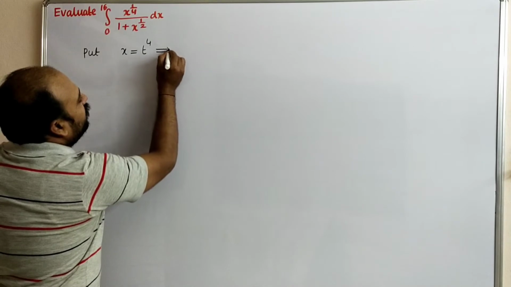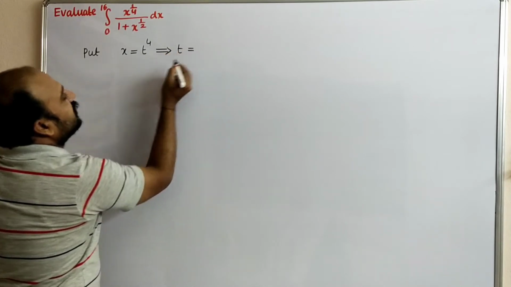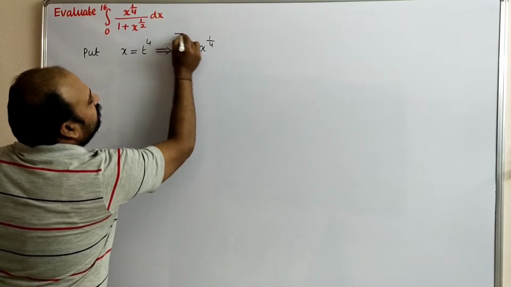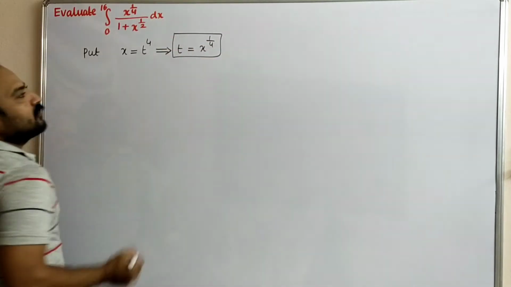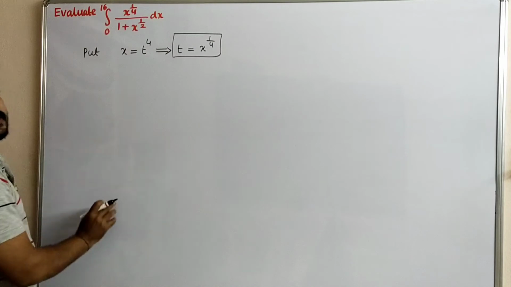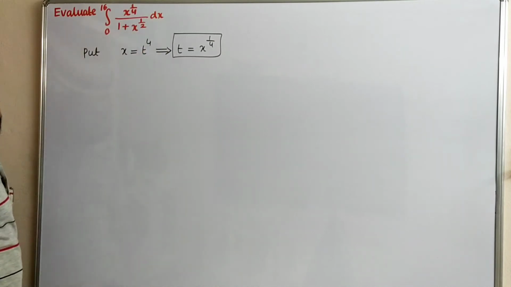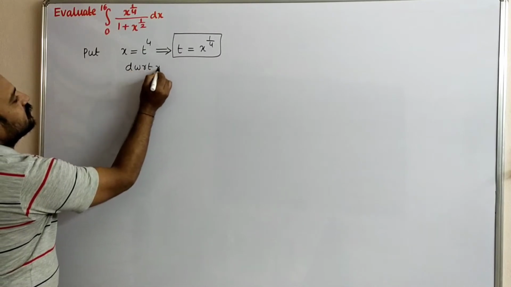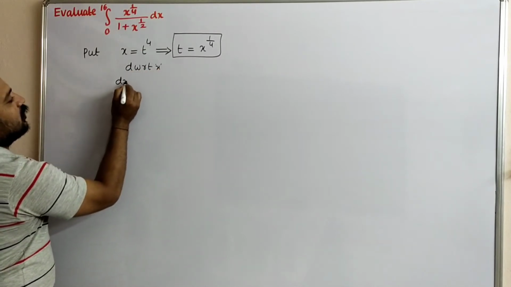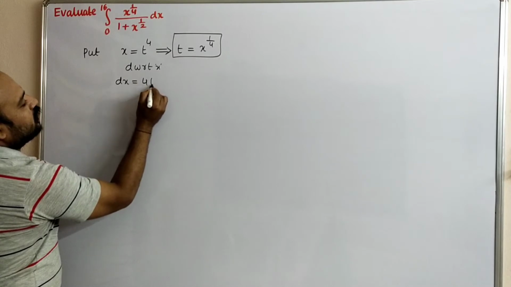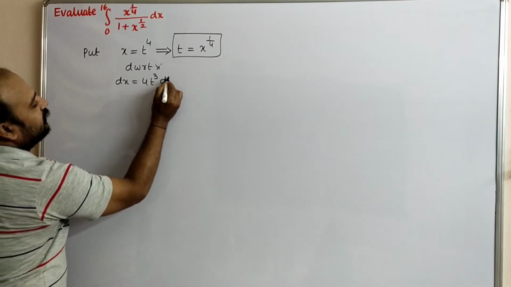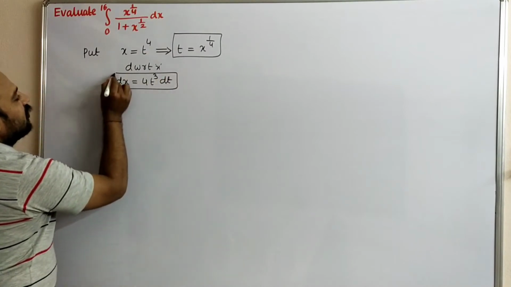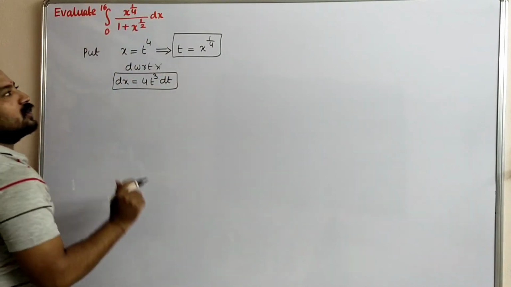From that, t is equal to x power 1 by 4. We need to get the value of dx as well as x power 1 by 2. So differentiate with respect to x: dx is equal to 4 t cube dt. This is the value of dx. And x power 1 by 2 also we need to get.